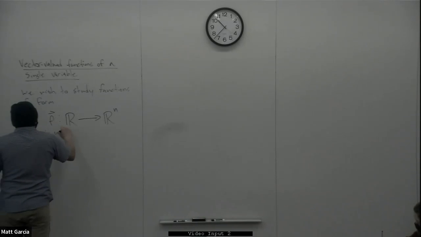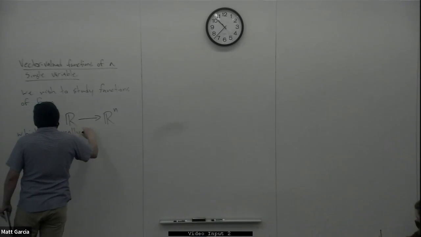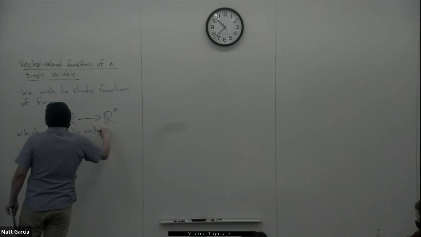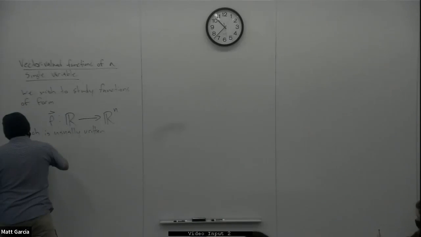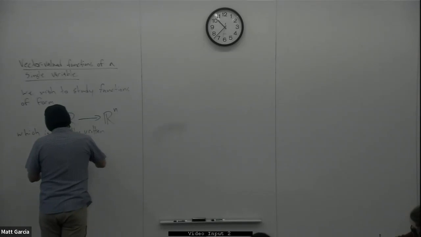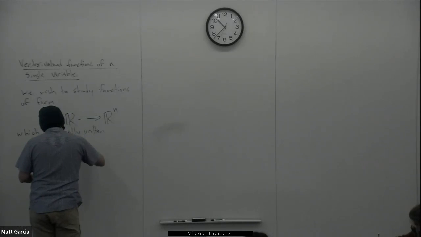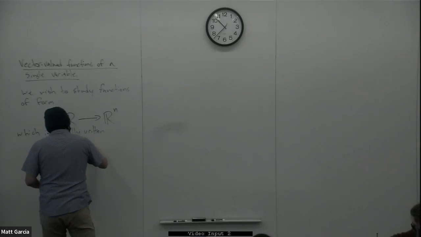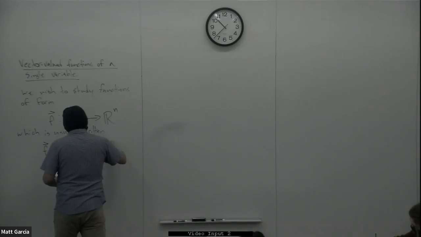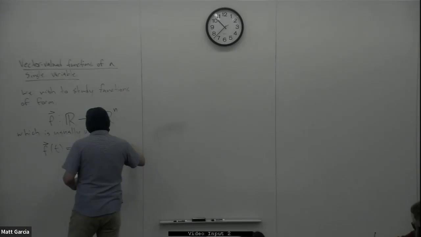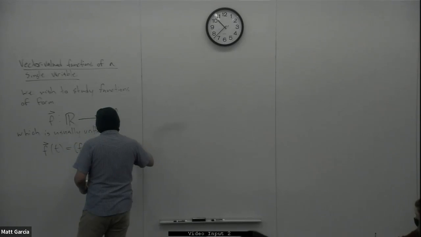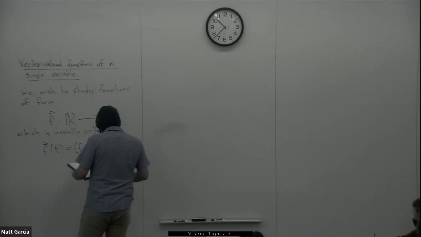Which is usually written f hat of t is equal to f1 evaluated at t, f2 evaluated at t, all the way up to fn evaluated at t.